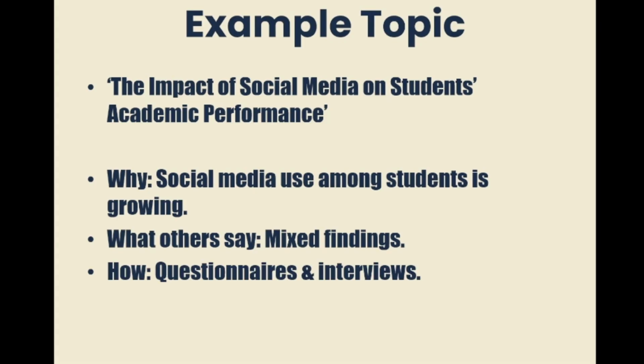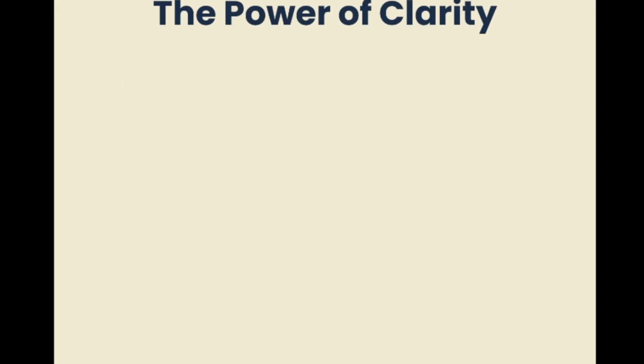And how will you approach it? By using questionnaires and interviews to collect data directly from students. This structure, showing the what, why, what others say, and how, is a clear and logical way to present your research idea.